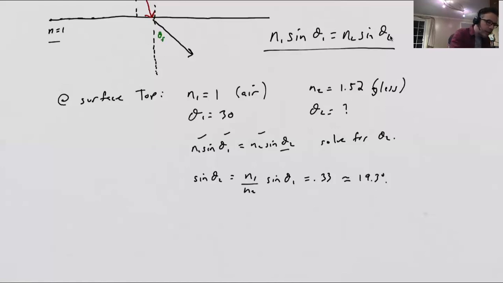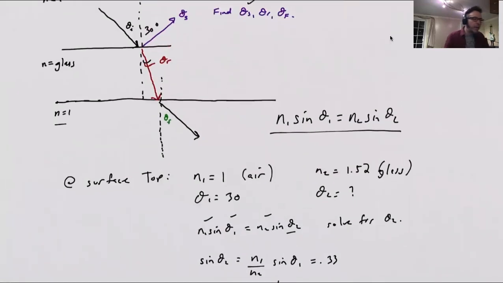Oh, let's actually put that on a separate line. I apologize. Theta 2 is about 19.3 degrees. Remember, these are all measured with respect to a vertical, so this is the angle that we were looking for.